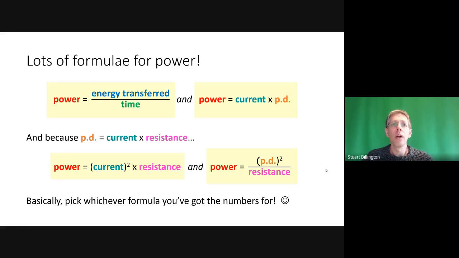So there's another formula where all we've done is look at the power equals current times PD formula, and then we've just swapped out the PD. You can see it's PD is current times resistance. So we can write the power formula as power equals current times current times resistance instead of PD. Tom, you need to write down all of this slide.